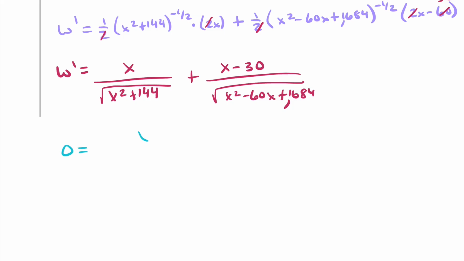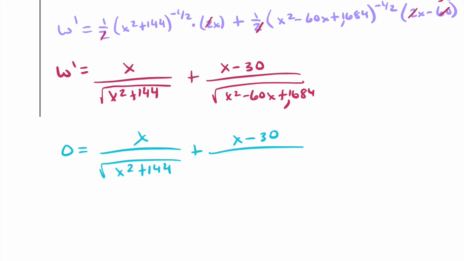Now clearly this is not a nice one to solve for. You're going to use your graphing utility, throw it in the graphing utility, and find out where it crosses the x-axis. I don't have the ability to do that on this iPad, so I'll use Desmos.